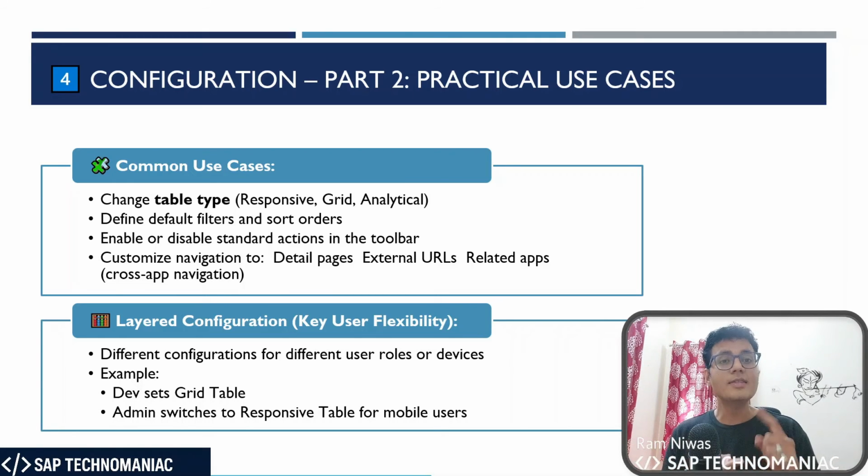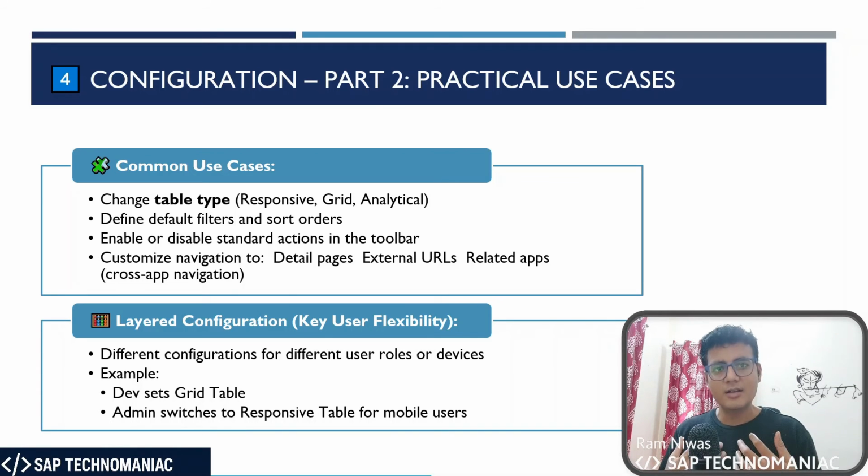This is one thing. Second advantage: CDS annotations work wherever you use that particular CDS. But if I want to change application-specific settings, again not annotations, settings, you can change them in the manifest.json file. You can alter them based on your requirement. Again, this is a typical example. The developer who built the application in the BAS defined the table as a grid table.